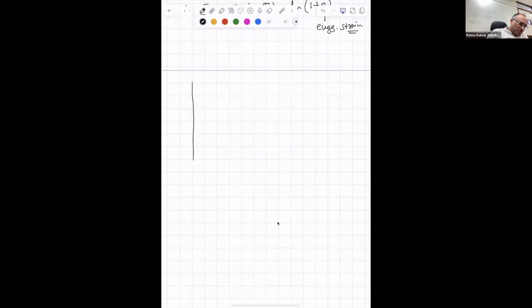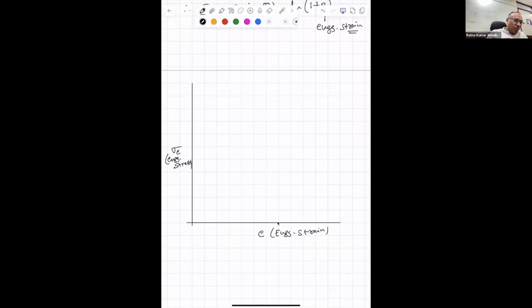You have a stress strain curve. This is your sigma and this is strain. I am calling it e because e is engineering strain. Sigma, I am calling sigma e, that is engineering stress.